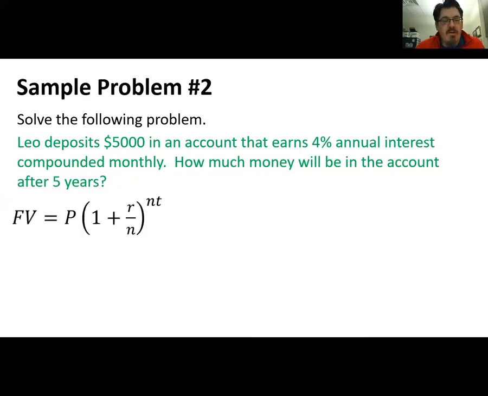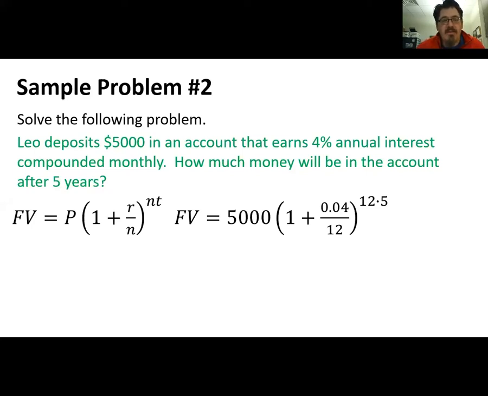So again, we're going to go back to our formula, and we need to just start plugging in values. Okay, so when we do that, the initial amount, the principal, is $5,000. The annual interest rate, R, is 4% written as a decimal, 0.04. Because we're compounding monthly, what that means is the interest gets calculated and added to the balance 12 times in a year.